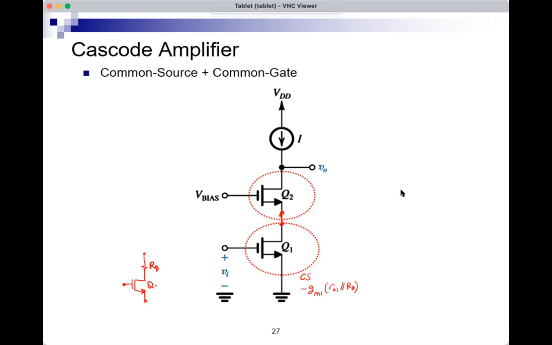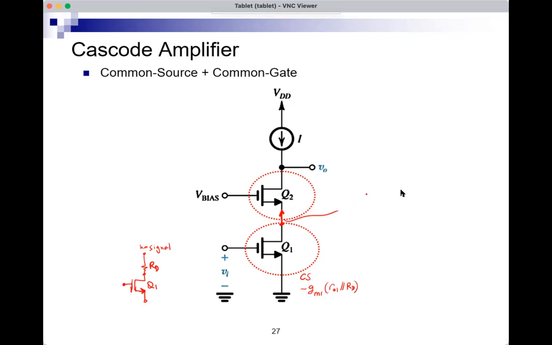So this is my Q1 now, and its RD is the resistance seen looking into the source terminal of Q2. And there is a formula for this from the formula sheet.